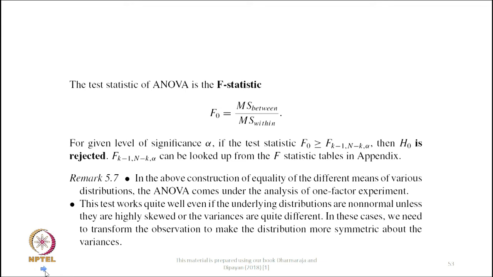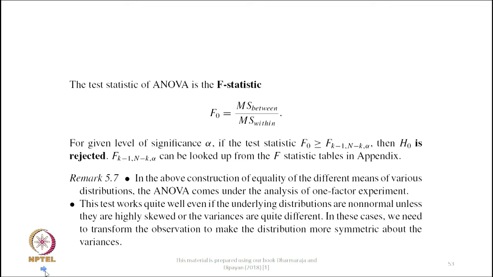Once you identify the test statistic, the remaining procedure is the same as what you have done earlier. You can conclude the null hypothesis will be rejected if the value of the test statistic lies within the critical region, and this is a one sided test.